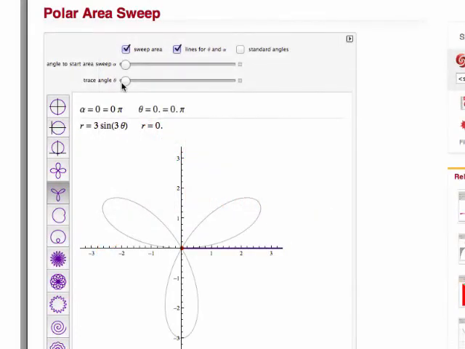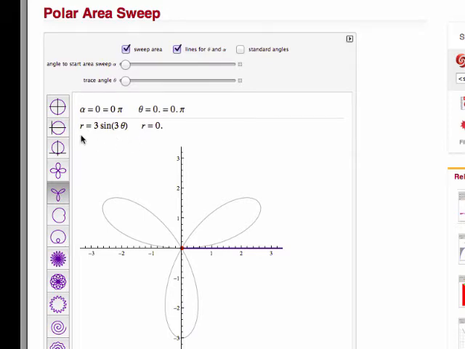Now what I want to do is look at how this idea can be applied when we're dealing with polar curves. The difference with polar graphs and equations is that our equation gives r with respect to theta. So various angles theta produce different values of r, which creates the points on our curve. In this case, I have a curve with 3 petals on it.